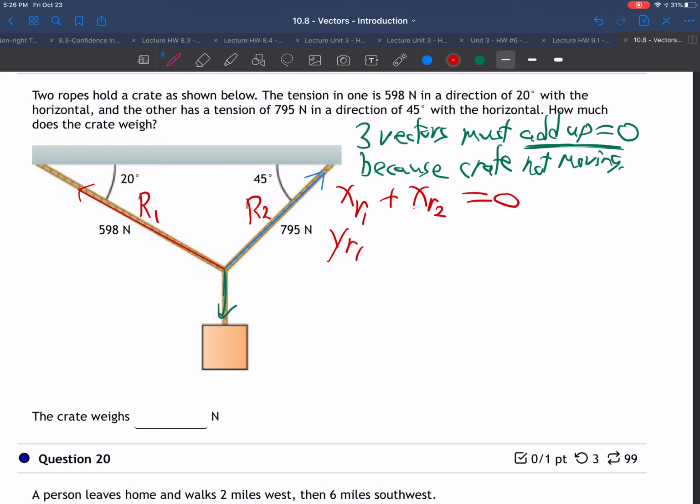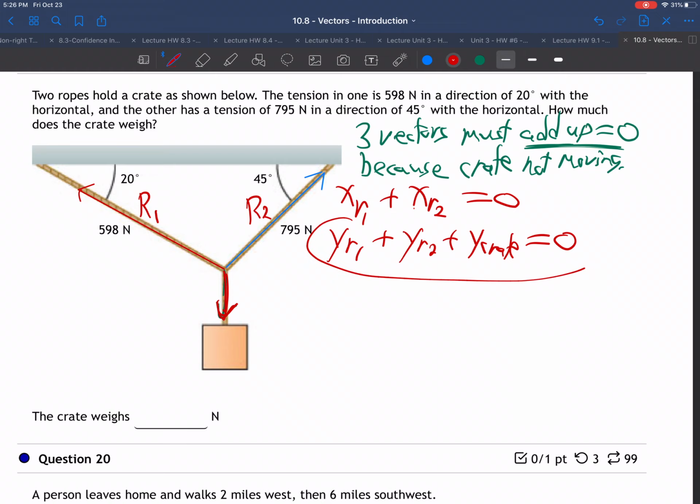And the Y, and there's no X for the crate. The crate just pulls straight down, right? The Y for rope 1 plus the Y for rope 2 plus the Y for the crate must add up to be 0. There is no X value for the crate. The crate's just going straight down. It has a Y but not an X, right? That's what must be the case.